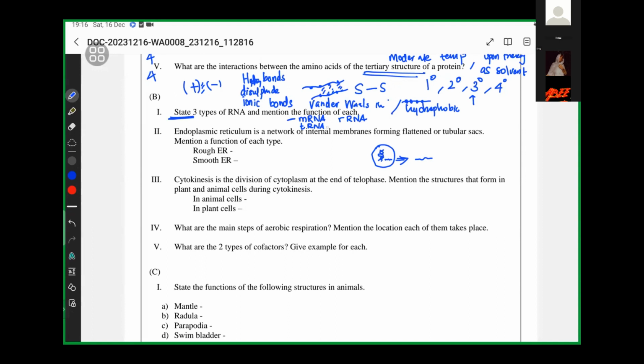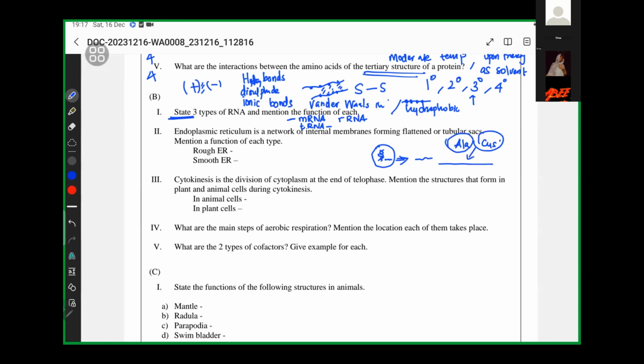The tRNA is the one who transfers the amino acids needed to build a protein. So if you're building a protein, you need various kinds of amino acids. So let's take, we have alanine and cysteine, some sort of thing. So the tRNA is the one who brings those guys to the site of protein synthesis.